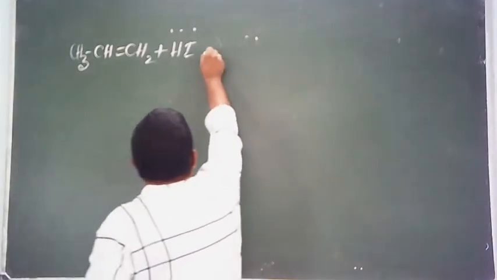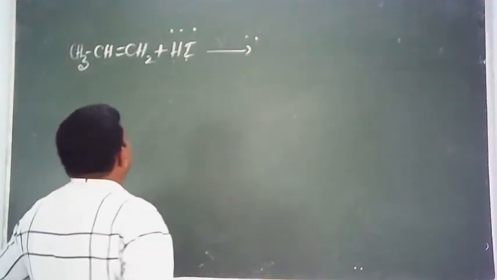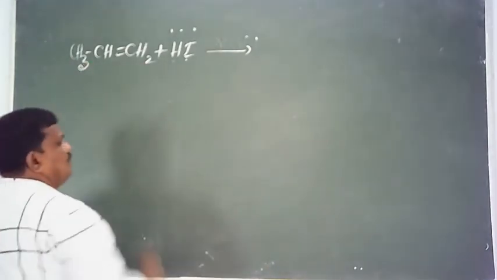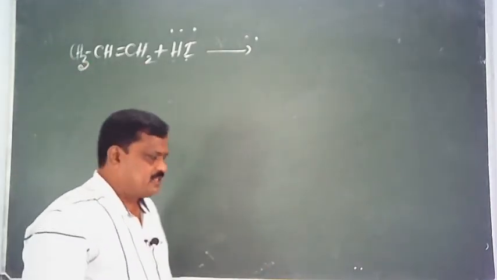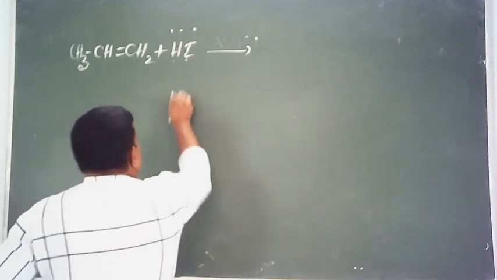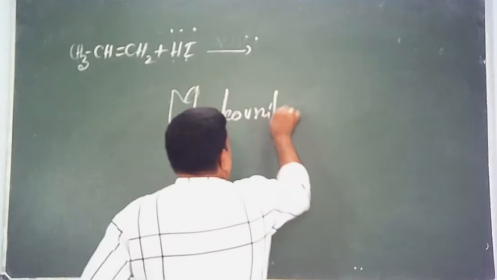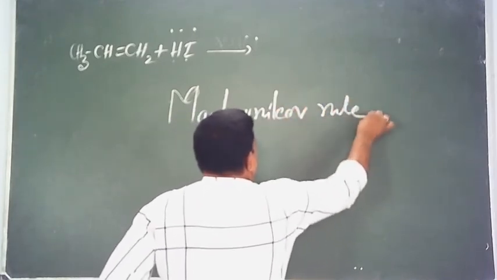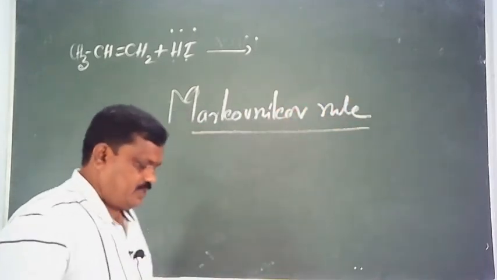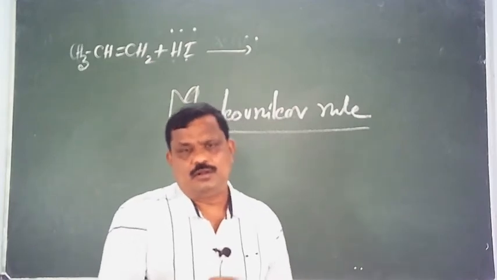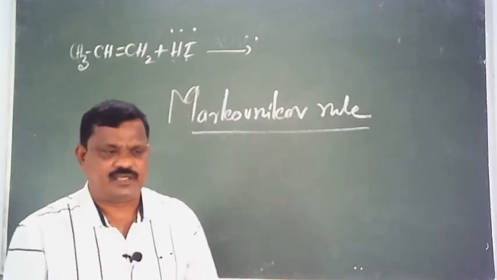Here, addition of hydrogen halide to an unsymmetrical alkene takes place in accordance with Markovnikov's rule. You studied this rule in your lower class, that means previously, in first year.